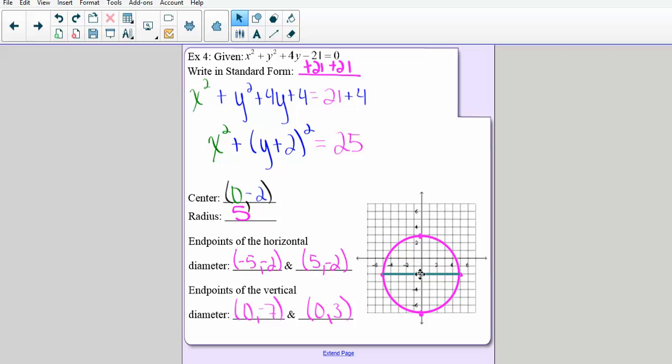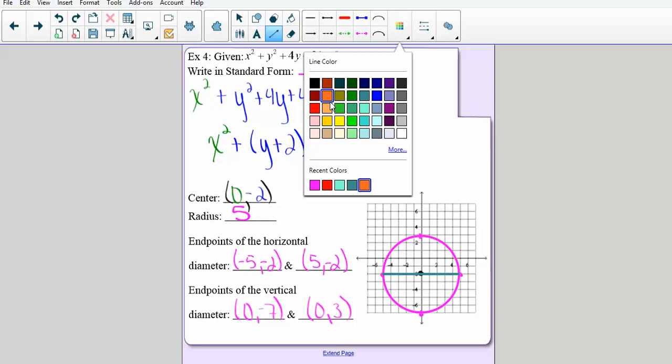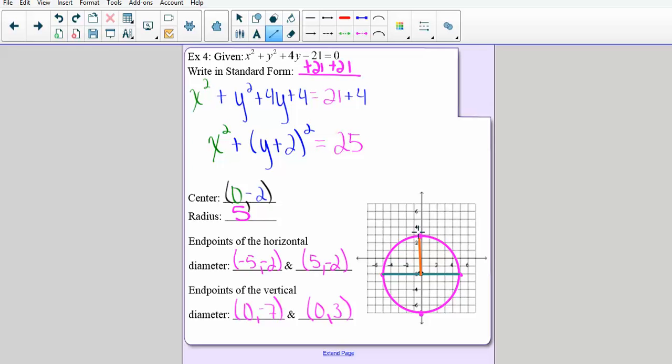From your center, if you go left 5, you are at -5, -2. So those are the endpoints of your horizontal diameter. Then it's the same for your vertical diameter. If you go up 5, you would be at 0, 3. And if you are at the center and you go down 5, you would be at 0, -7.